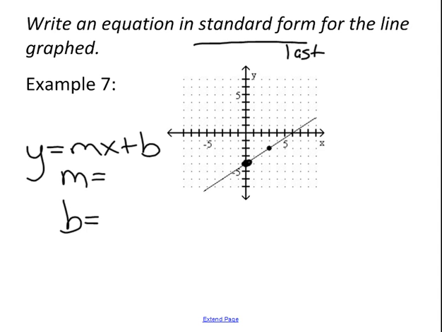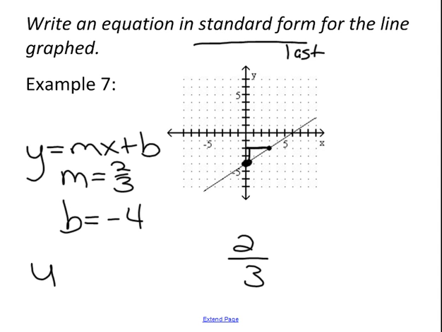Be careful here because that is -4. And we need to find the slope, which is m. So rise over run. How many do we go up? We go up 2, and we go to the right 3. So our slope is 2/3.